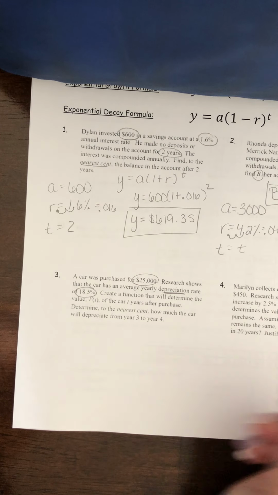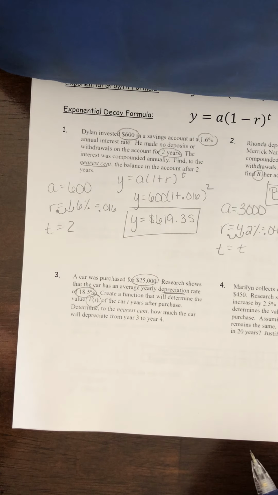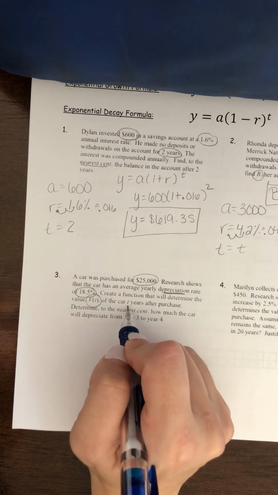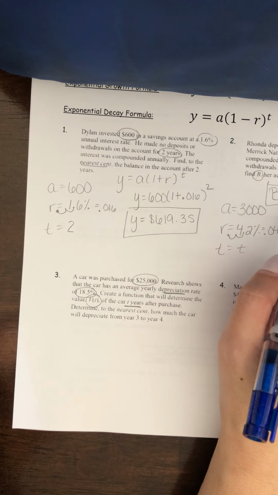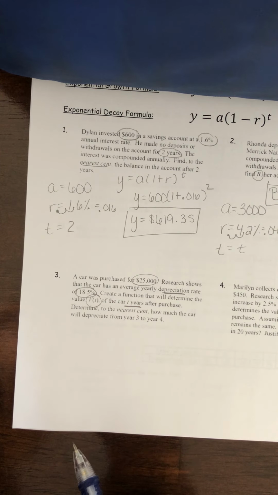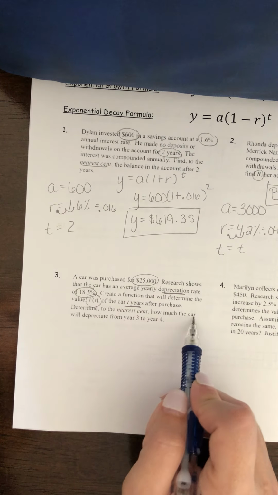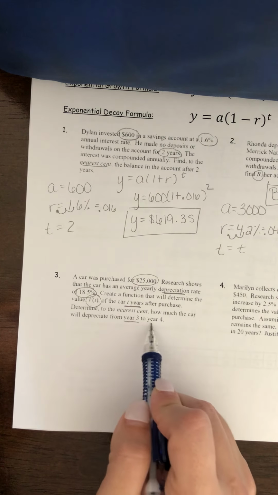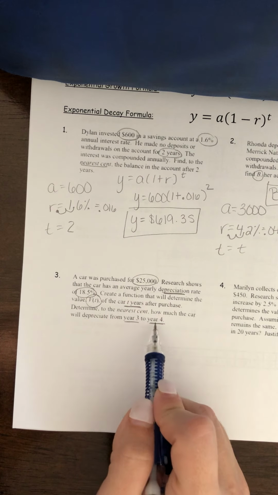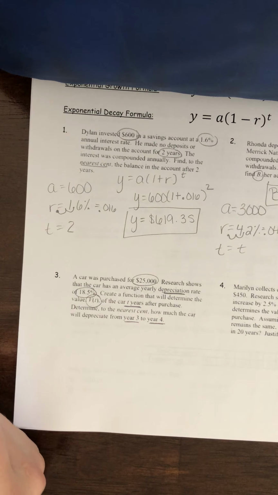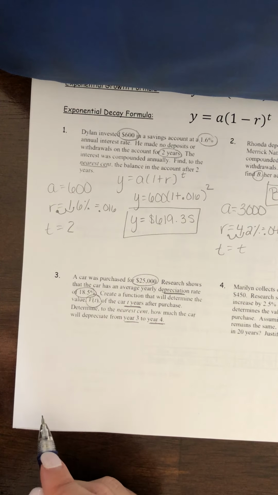Create a function that will determine the value V of t, so again they're changing your Y to V of t, of the car t years after it was purchased. So first they just want us to write our function like we did in number 2. Then it says determine to the nearest cent how much the car will depreciate from year 3 to year 4. So we want to find year 3 and find year 4, and we want to know the difference between those 2 years, so we're going to subtract.